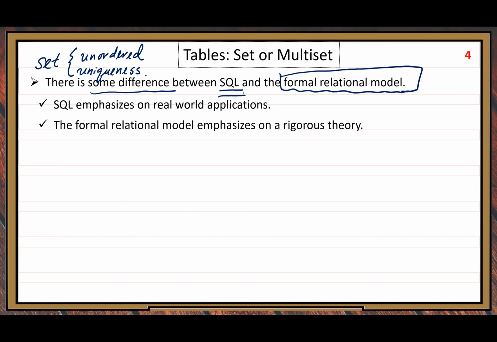So I will describe the key difference. The formal relational model emphasizes a rigorous theory. Researchers like a rigorous, beautiful theory. It must be rigorous first. If there is some hole, they won't be happy; they need to fix all the possible holes.